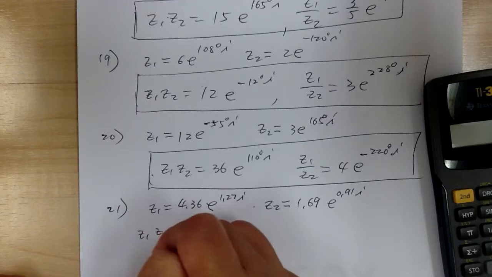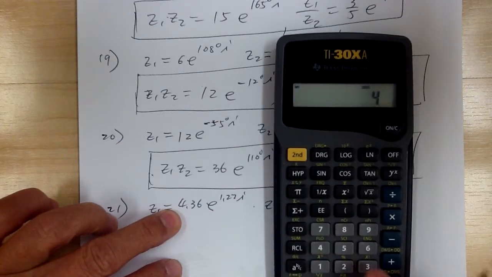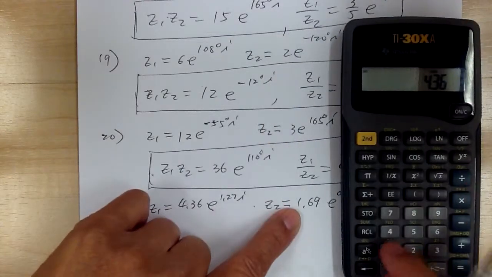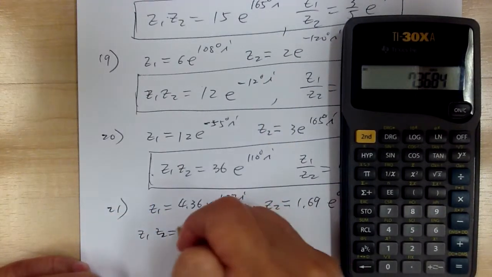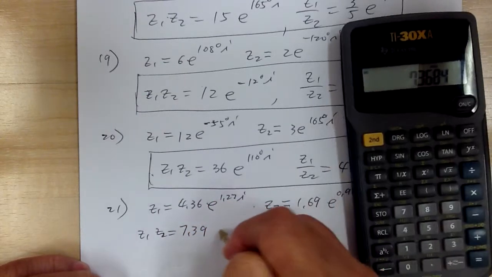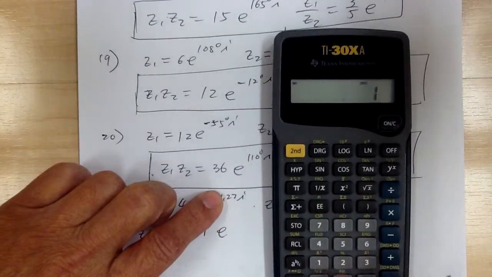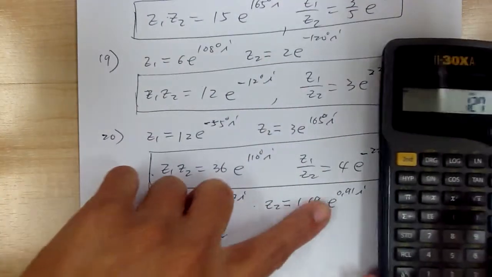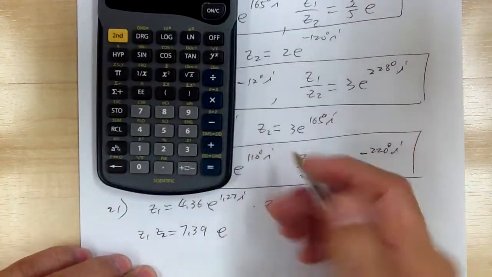So z1 z2, you've got 4.36 times 1.69, so you get 7.39, and for the exponent, you've got 1.27 plus 0.91 equals 2.18.